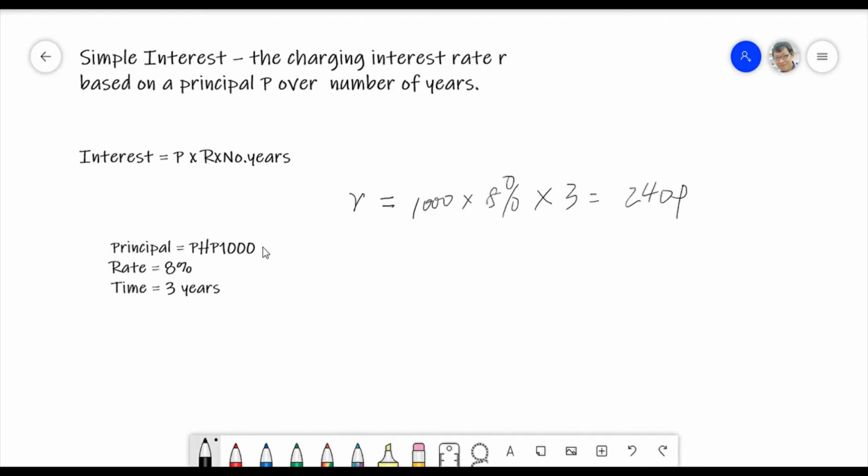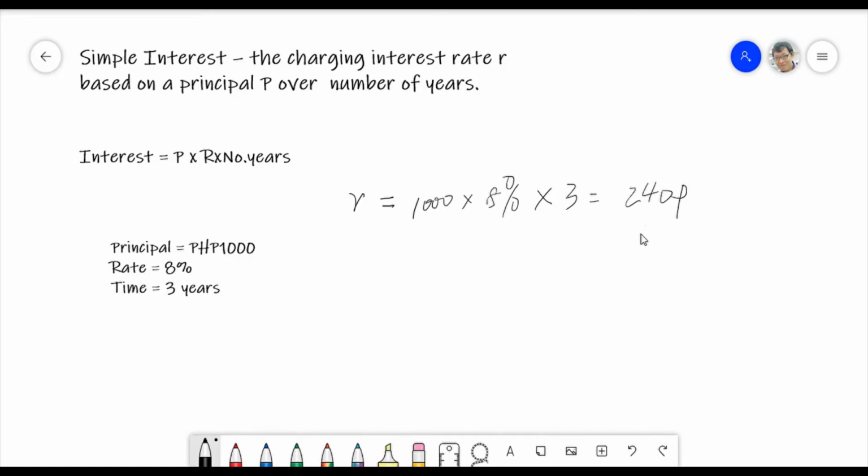You might have questions like: how much interest will I get? Does that mean one time or how many times? Since this is yearly, maybe at the end of the year or at the beginning of the next year, you should get it 3 times. So the simple interest is really as simple as what I'm writing: 1,000 times 8% times 3 years, and the total is 240.